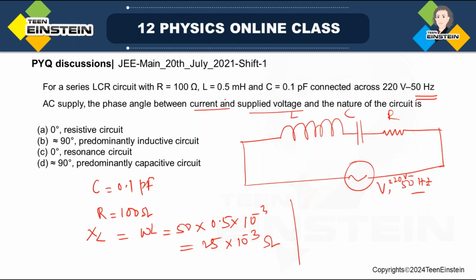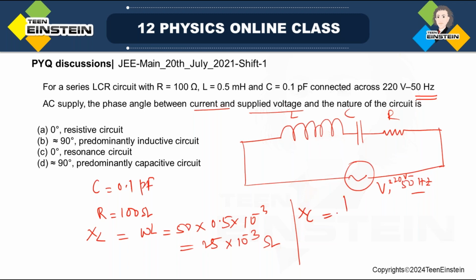This is milli Henry. Fine. XL is equal to omega into L, 50 hertz, along with that, L is given. Okay, this one is fine. Then what is XC?